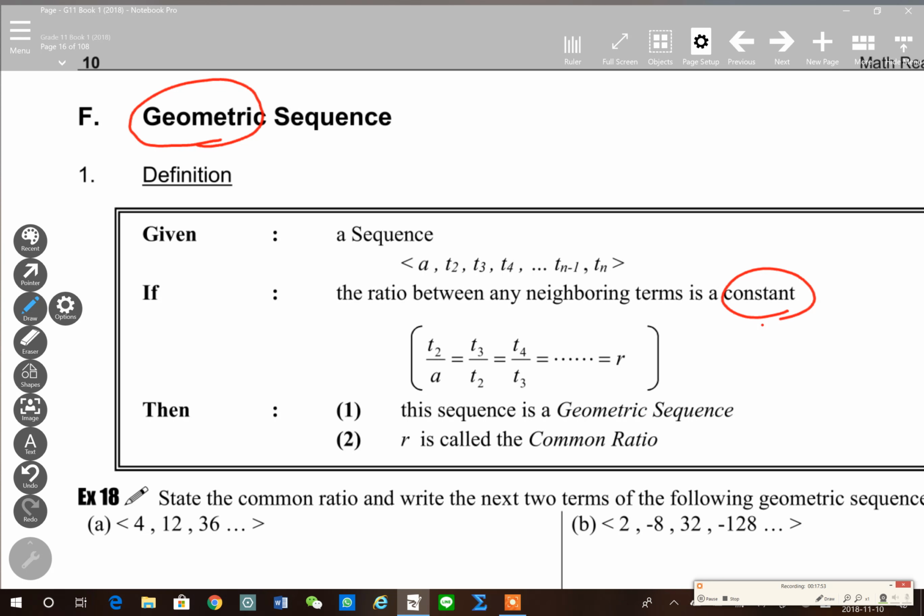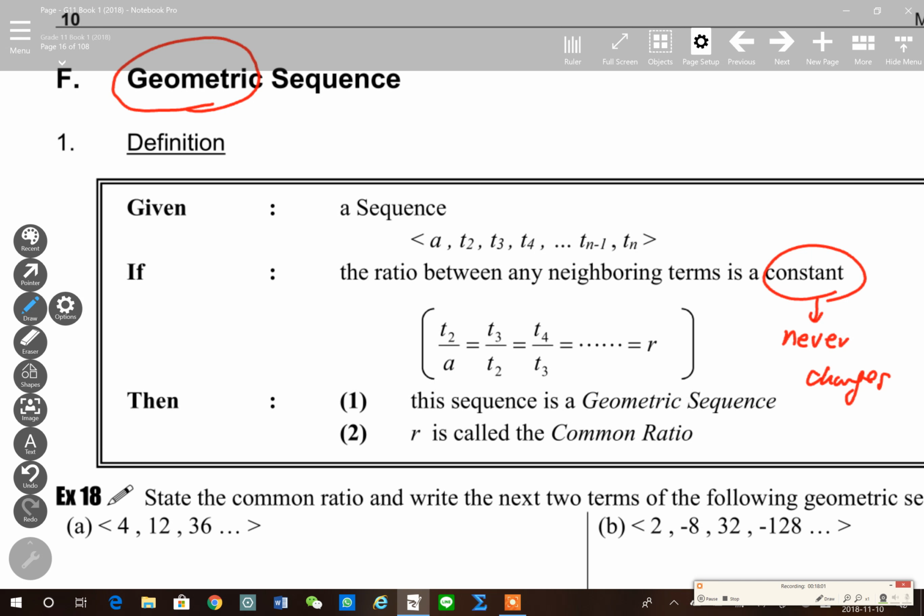Constant means what? Write it down: never changes. Ratio means you divide them, for example 2 to 5, that's a ratio. So ratio between the neighboring terms means the terms next to each other.